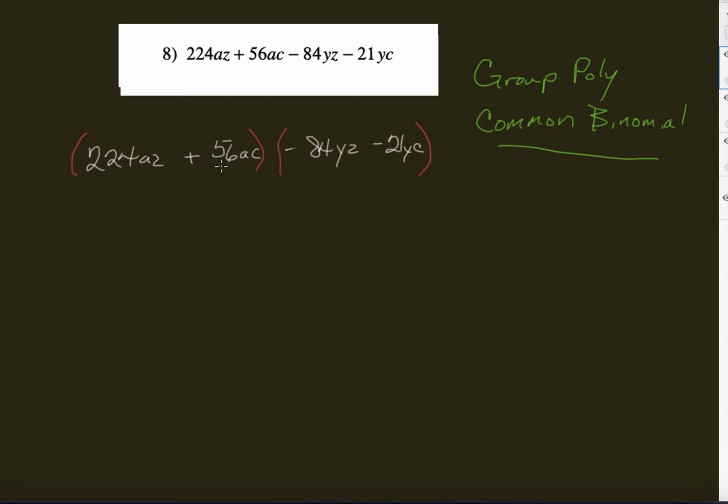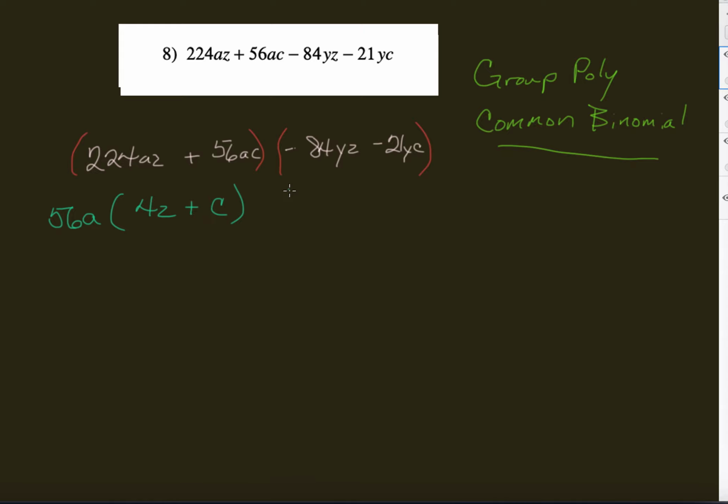By the way, 56 and 224 have a 56 in common, believe it or not. And an a. So we'll pull out a 56a. We'll divide this by 56a and we'll get 4z plus c. All right, so what I'm looking for over here is when I factor, I want to find a 4z plus c on this side.